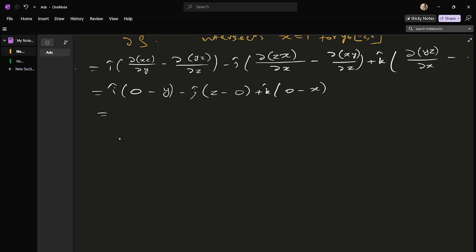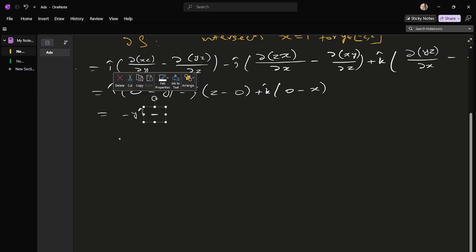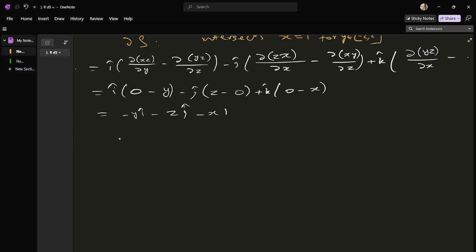Then what is the curl of the function? Finally, we get minus y i cap minus z j cap and also minus x k cap.